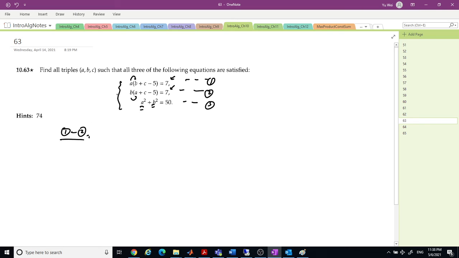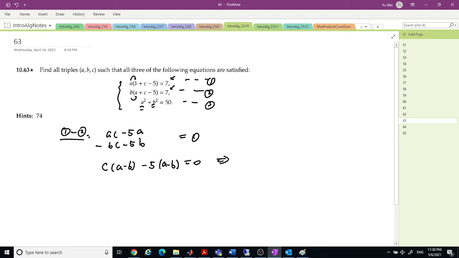1 minus 2, because the right side can be cancelled as 0. Let's see the left side. AB are gone, so it's AC minus 5A, then minus BC minus 5B, equals 0. If we take out the C, A minus B, then minus 5, A minus B is equal to 0.